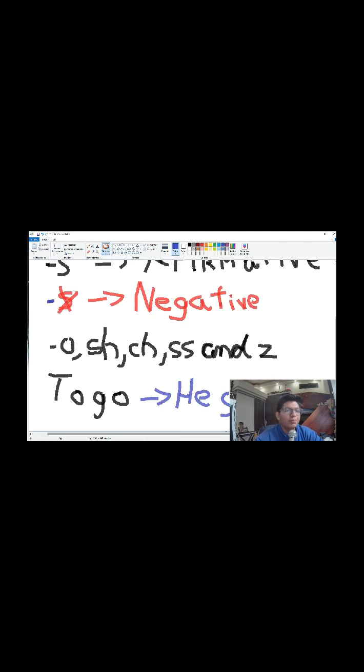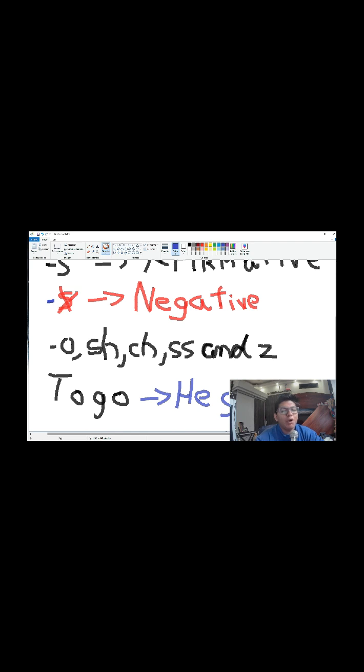S added in the affirmative sentence, s not added in the negative sentence. Within this rule, we have some exceptions. For verbs ending in o, sh, ch, ss, and z, the letters es must be added. For example, to go.